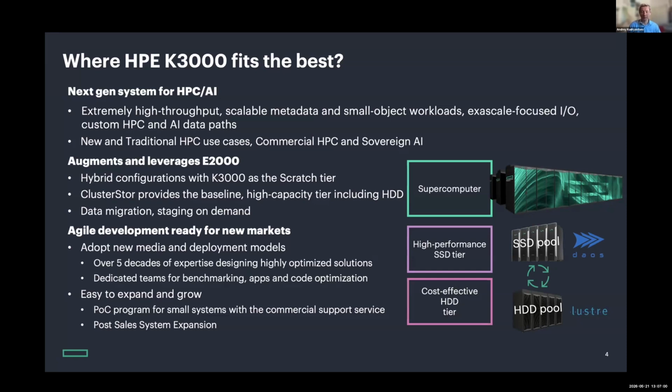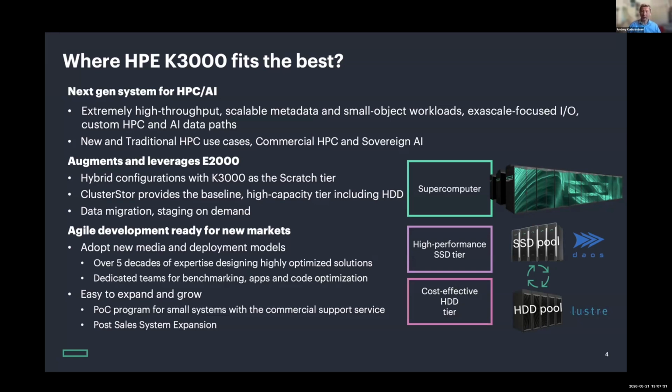So for that purpose, as Ron also mentioned, we have some work in development for data migration, data tiering, and how we support these various types of configurations. We are open to adopt new media classes. That has been mentioned already, that you will see work that is in progress, and that's also, of course, part of the K3000 objectives, that we have all the ingredients to do hardware migration and hardware expansion when we need it.